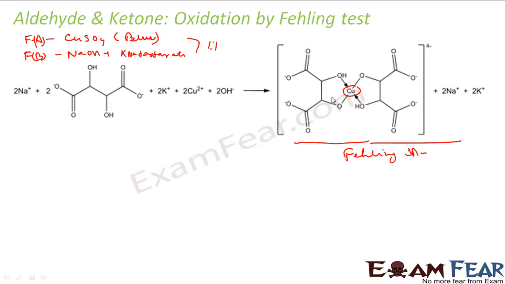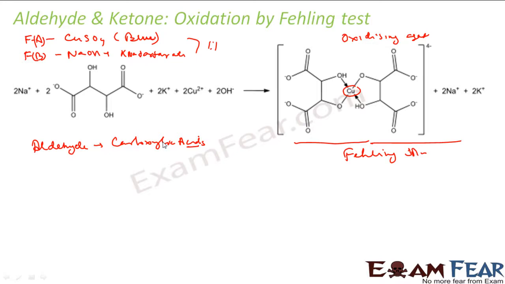This is called Fehling solution, right? And the beauty of this solution is that it is an oxidizing agent. It will oxidize aldehydes to carboxylic acid. This solution as such is almost blue in color.